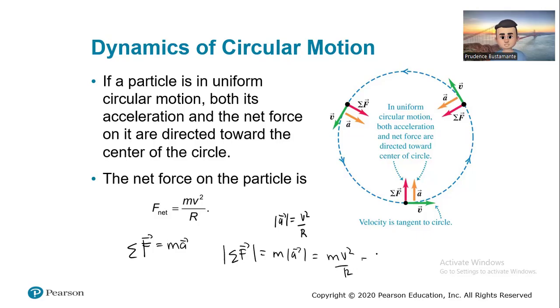Or we can also put this as 4 pi squared r over t squared.